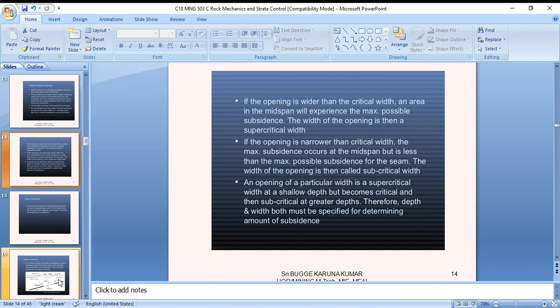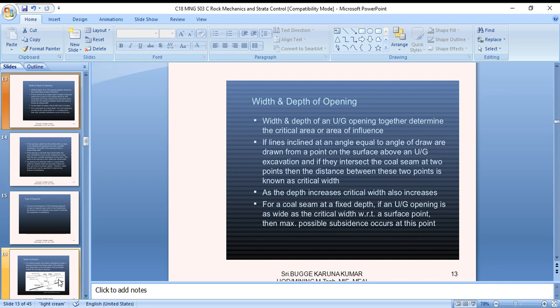An opening of a particular width is supercritical at a shallow depth, but becomes critical and then subcritical at greater depth. Therefore, depth and width must be specified for determining the subsidence. So width and depth of the opening are very essential influencing factors for subsidence.